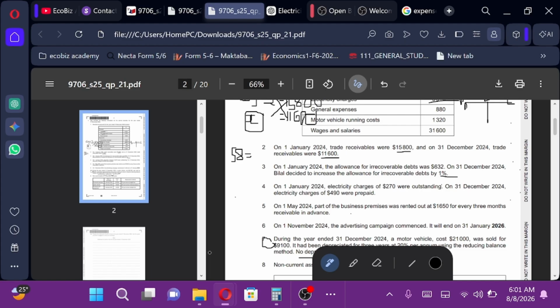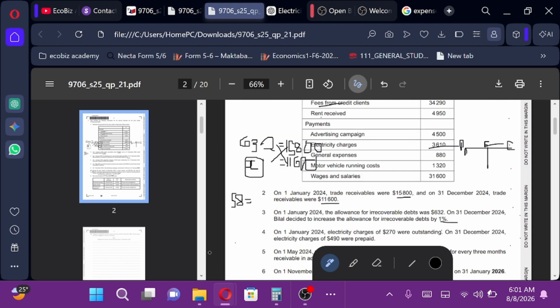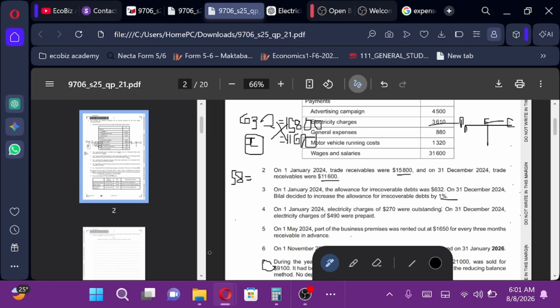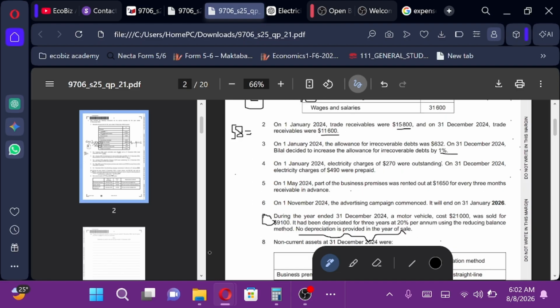Okay guys, so we're back. What I said earlier was actually correct for most of the time, but in this situation we have to use our logic. So when we look here, electricity charges is 3,610. What we need to notice is on number 4, it says, on 1st of January 2024, electricity charges were 270 outstanding.